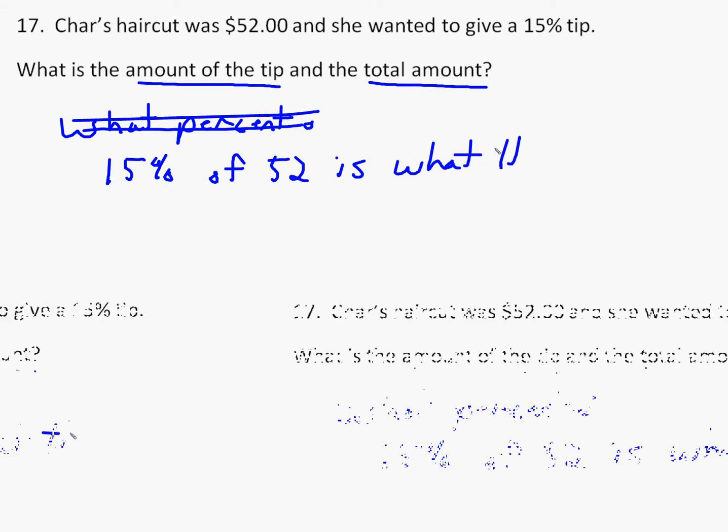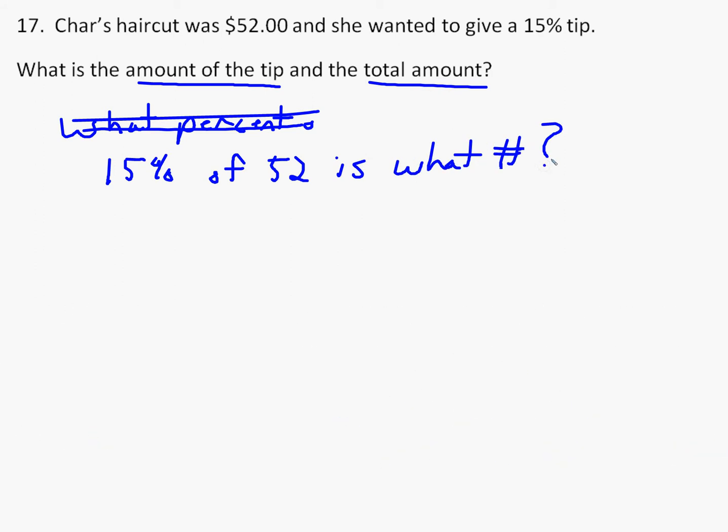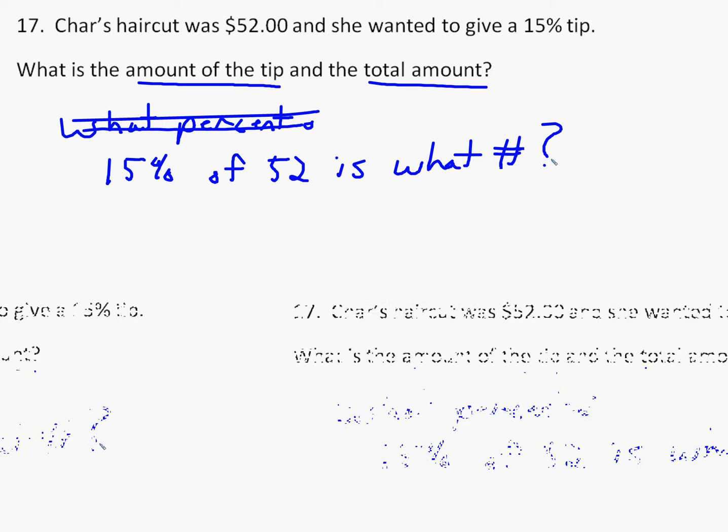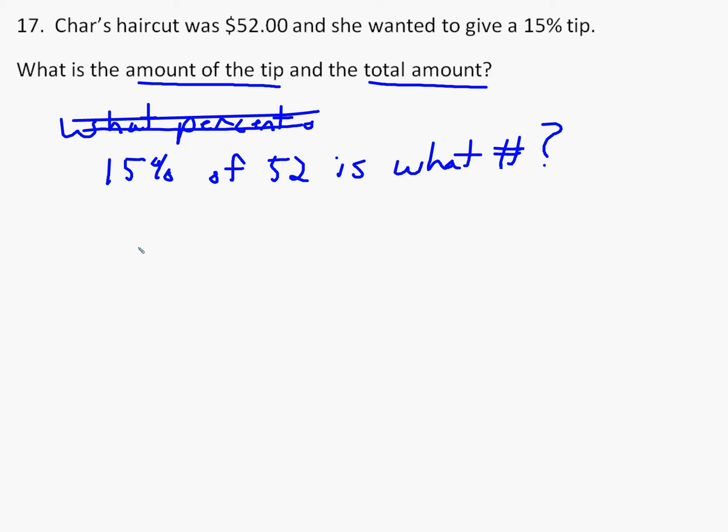That's really what we're trying to find. And so if you can take a word problem and write it as a simpler sentence like this, you can easily figure it out using your percent equation or the percent formula. So I'll go ahead and use the percent equation. We know that percent times whole equals part. By reading through it this way, we have our percent, so that's 0.15.